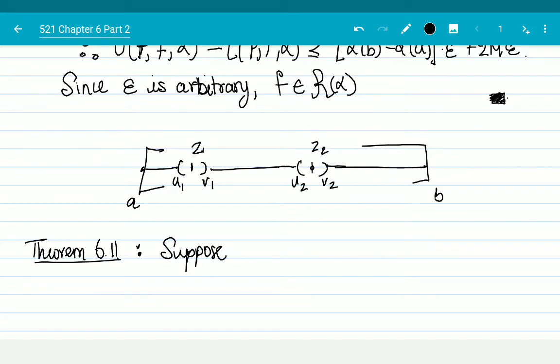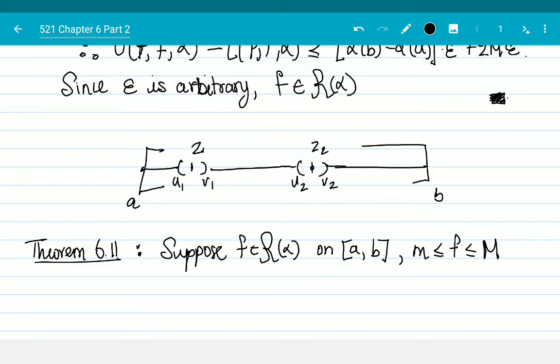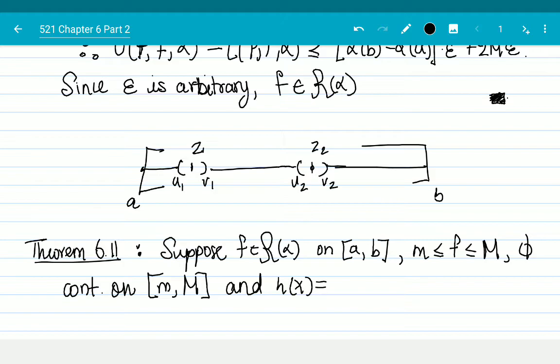Suppose f belongs to R alpha on AB, m is smaller than or equal to f, smaller than or equal to capital M, phi is continuous on small m to capital M, and h of x is equal to the composition phi of f of x on AB.